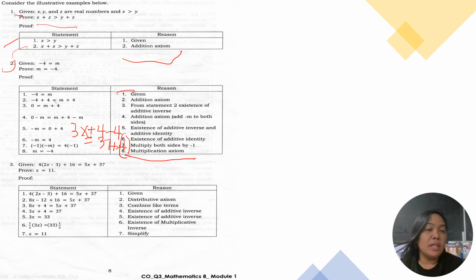So number 7, x is equal to 11. Again, where did we get x in statement number 7? In statement number 6, we multiplied 1/3 times 3x. That gives us x. Remember, we will eliminate the denominator 3.